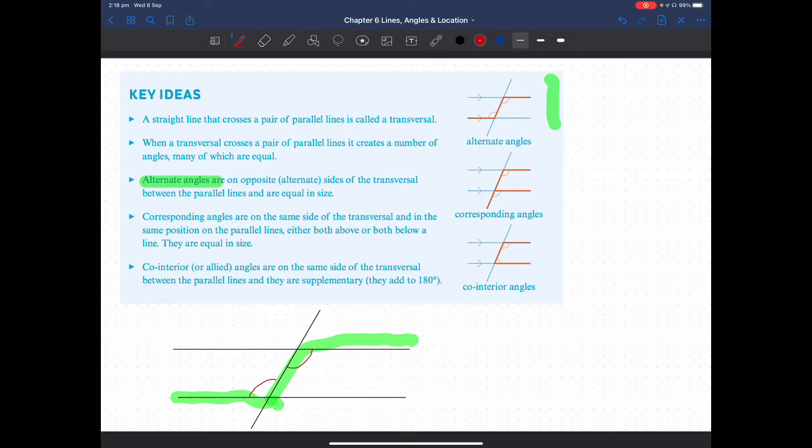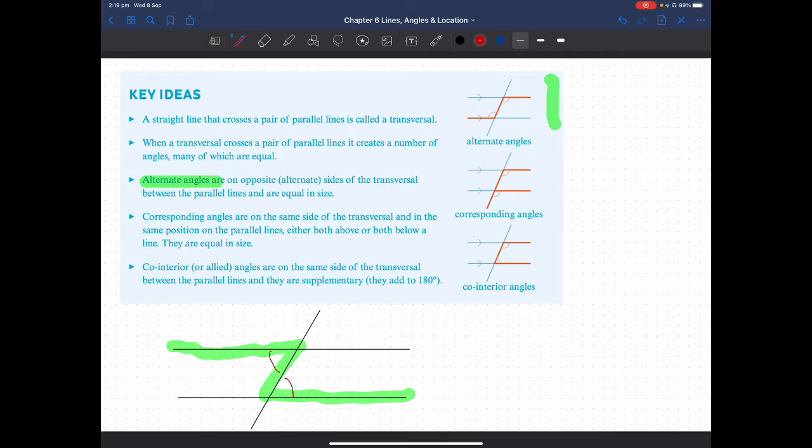That is not the only way I can see alternate angles on this diagram. I will show you the other example. This time, if I go this way, there is an alternate angle here with this one there.